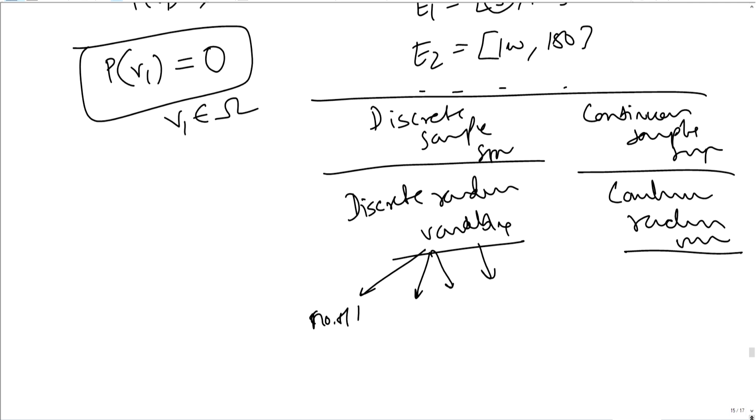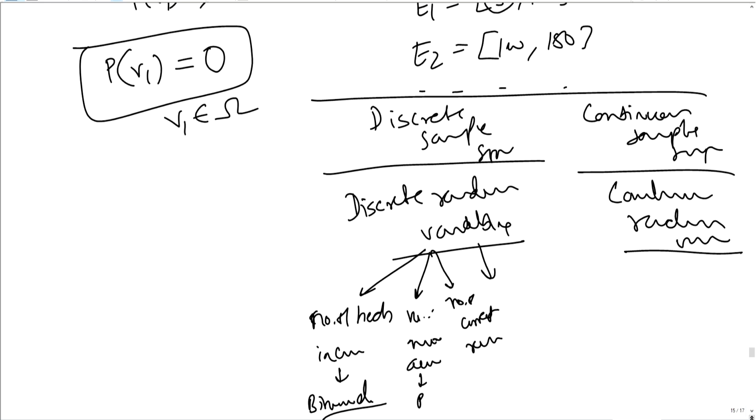Number of heads in coin tosses, number of road accidents, number of correct responses in a particular experiment, right. For example, this is called a binomial random variable. This can be given by a binomial random variable, this can be given by a Poisson random variable, this can be given by a binomial random variable.